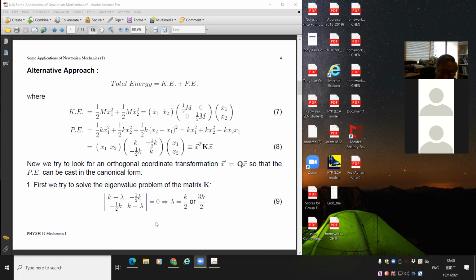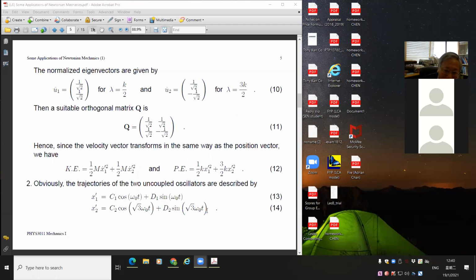Now you expand this, you will get a quadratic equation in lambda. And you can easily see that lambda admits two possible solutions. One is K over 2, the other one is 3K over 2.